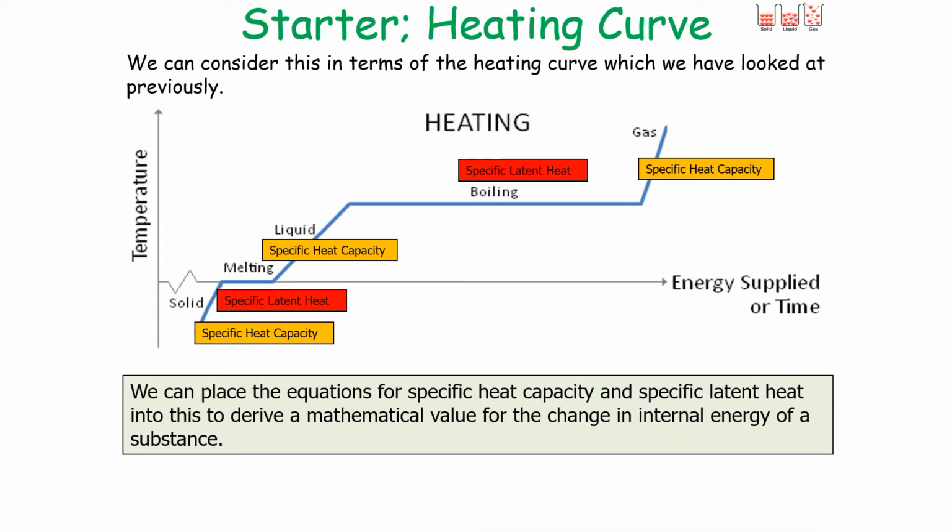So it's very important that we can place the equations for specific heat capacity and specific latent heat into this and derive a mathematical value for the change in the internal energy of a substance.